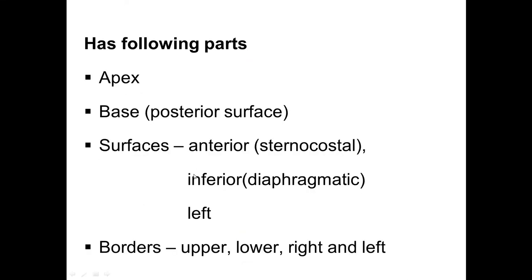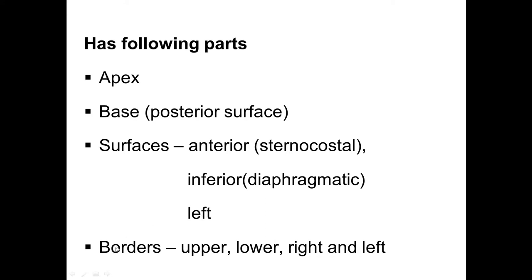Now, what are the other features of the heart? The heart has an apex, a base, which is also the posterior surface, then the surfaces. The surfaces are anterior, also known as sternocostal, inferior, also known as diaphragmatic, and left.